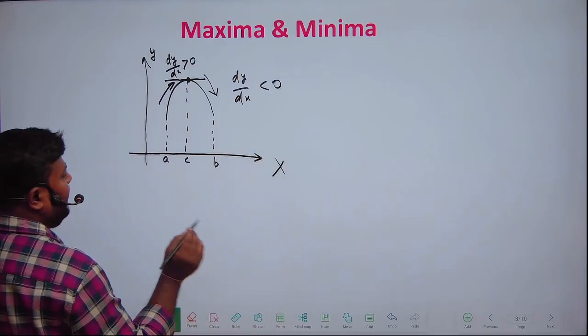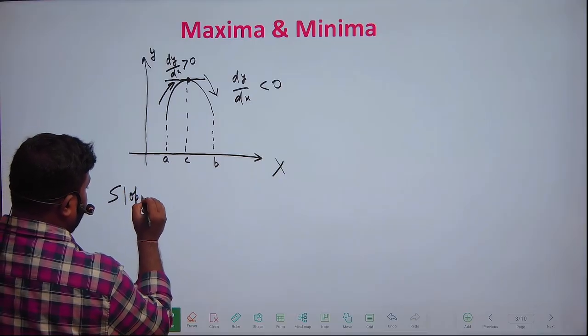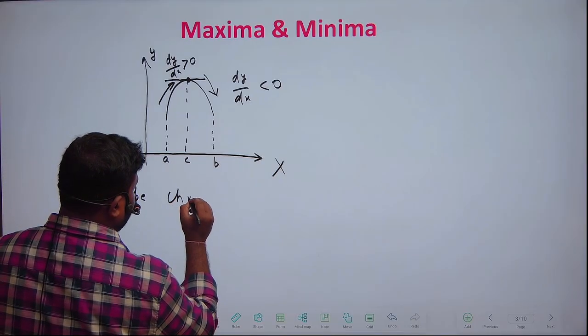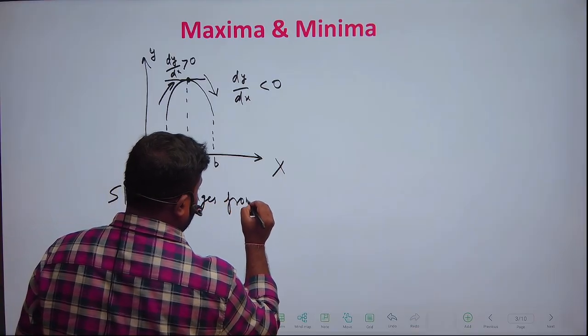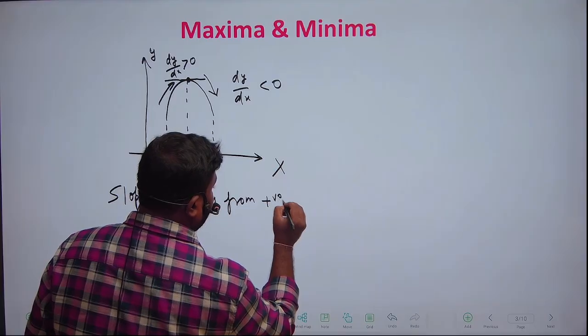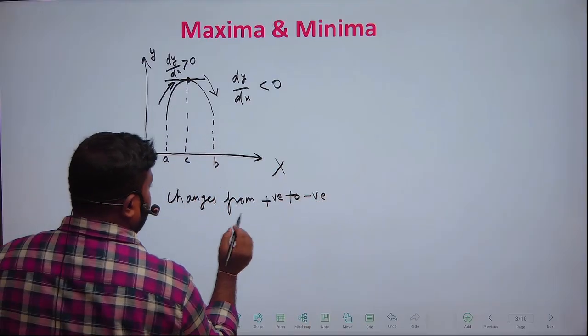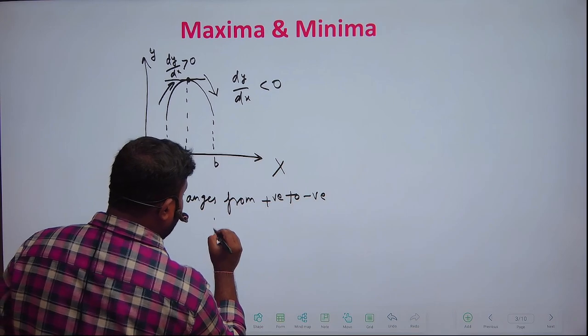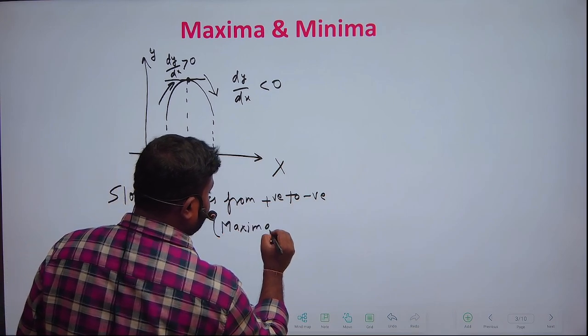It means we can say the slope changes from positive to negative. Then we can say this is our maxima.